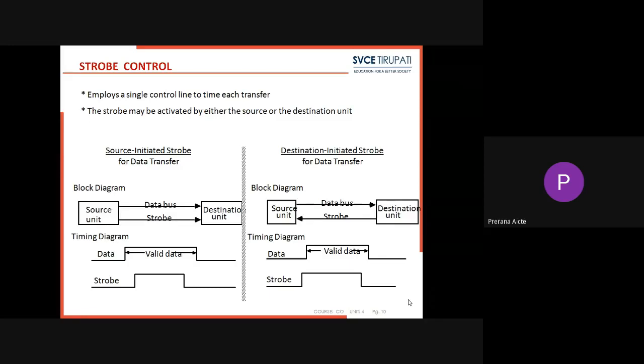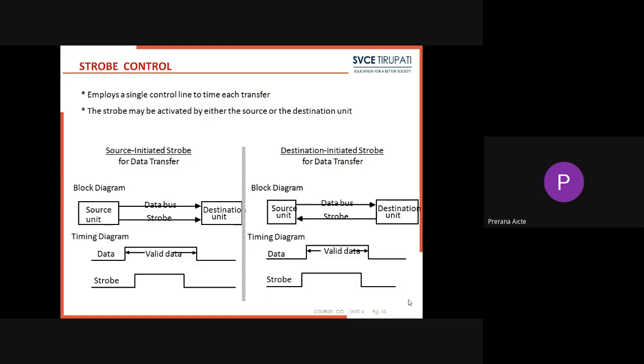Okay, the following figure shows data transfer initiated by the destination unit. In this case, the destination unit activates the strobe control, informing the source to provide the data.